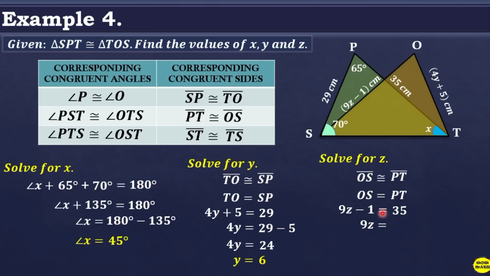So, let us solve for Z. 35 plus 1, magiging plus 1. So, 9Z is equal to 36. Divide both sides by 9. So, 36 divide 9, your Z is 4. So, the value of Z is 4. Pag sinubstitute mo siya dito, 9 times 4, 36, minus 1, 35 din po.